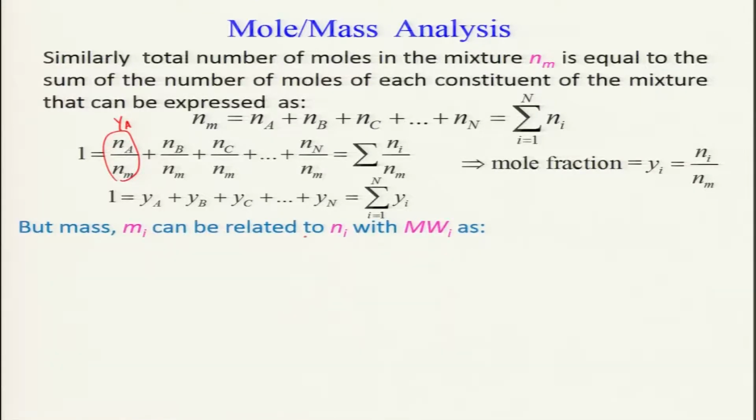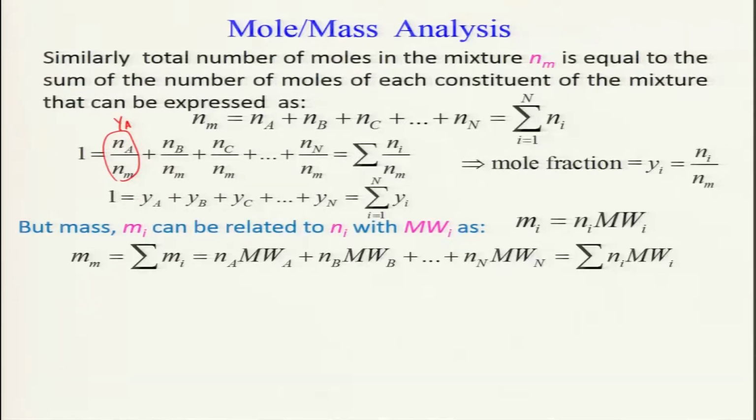Now, we know that mass Mi can be related to Ni, that is the moles of the ith species, with the molecular weight of the ith species, as Mi is equal to Ni Mwi. So, we can use this expression in the above.